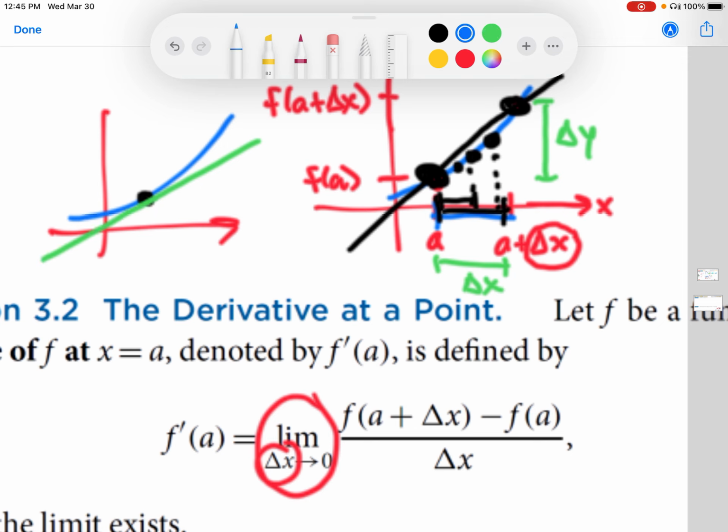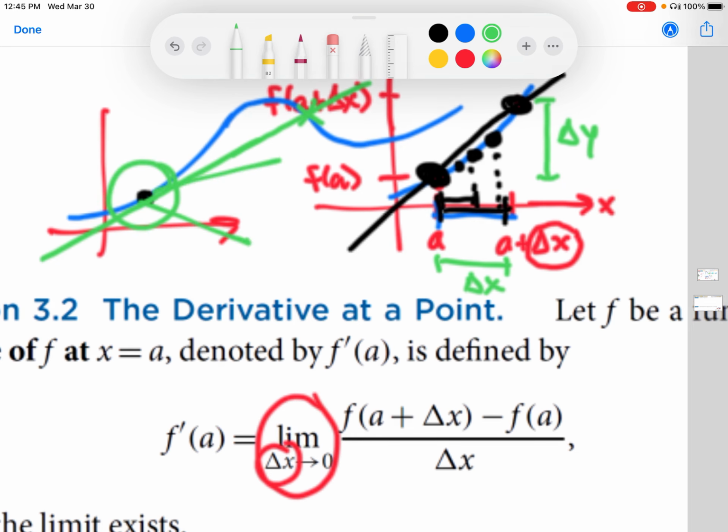The graph may kind of curve over elsewhere, so the tangent line actually may intersect the graph somewhere else. But if I were to zoom in here and just look at what's happening for this part of the graph, then I would see a line that touches the graph at just that one point.